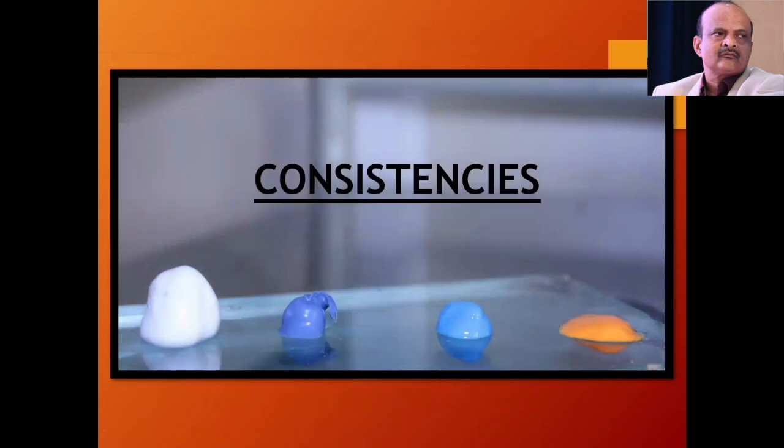The elastomers are available in various consistencies like putty, light body, medium body, and heavy body. So the lighter the consistency, the better is the flow. The heavier the consistency, less is the flow and less is the surface detail reproduction. Whereas the lighter the consistency, better is the flow and surface detail reproduction.